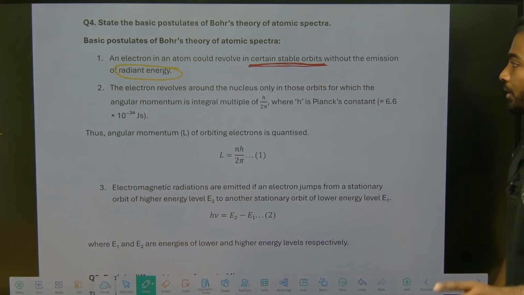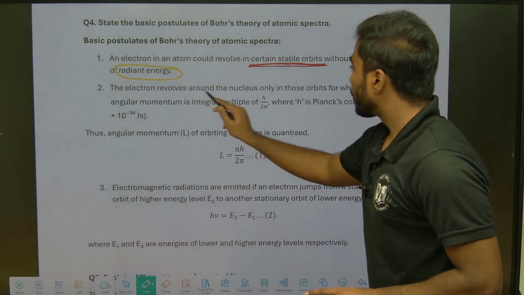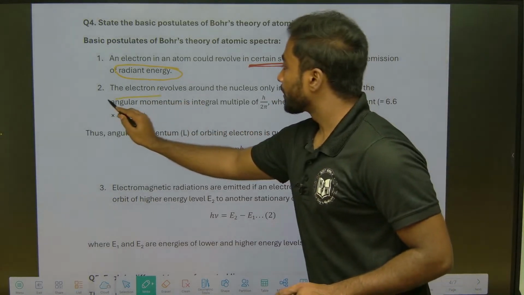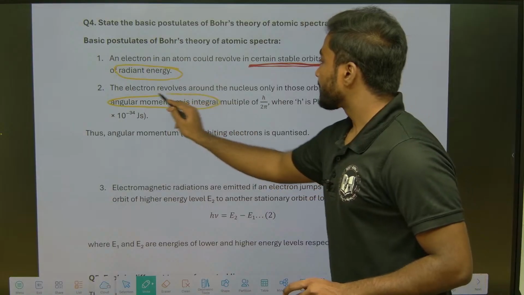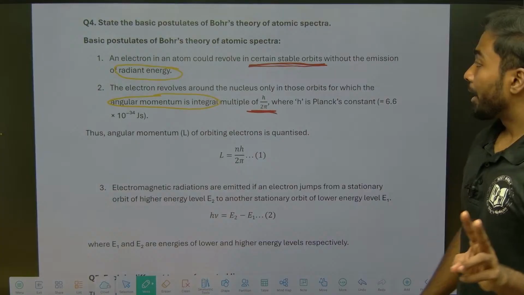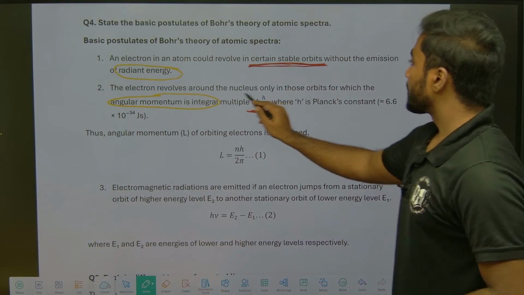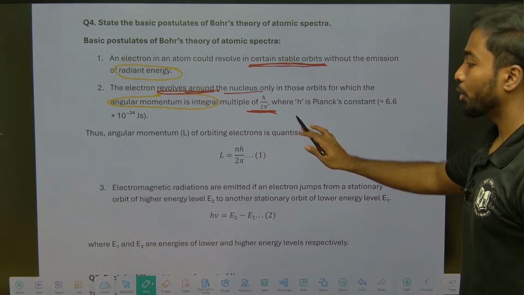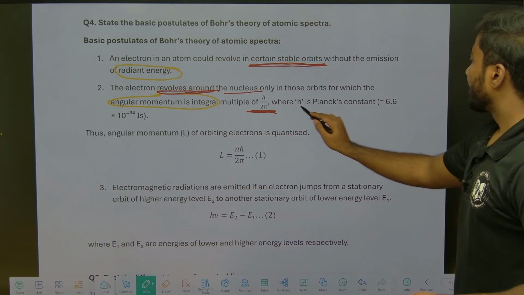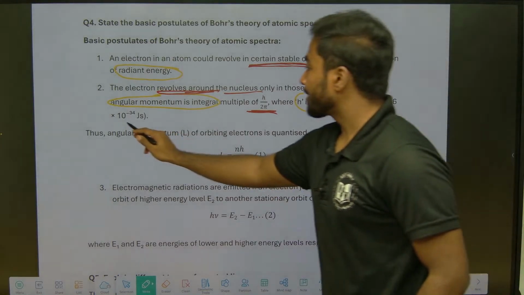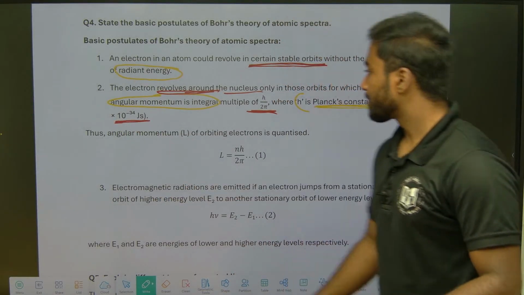And the second point: the electron revolves around the nucleus only in those orbits whose angular momentum is an integral multiple of h by 2 pi, where h is the Planck constant, 6.6 into 10 power minus 34.